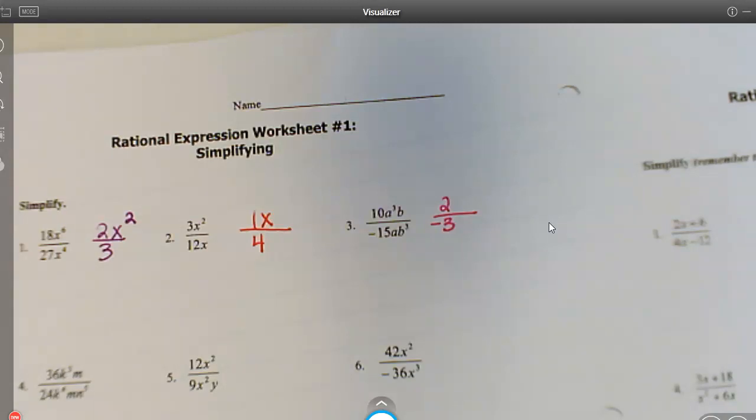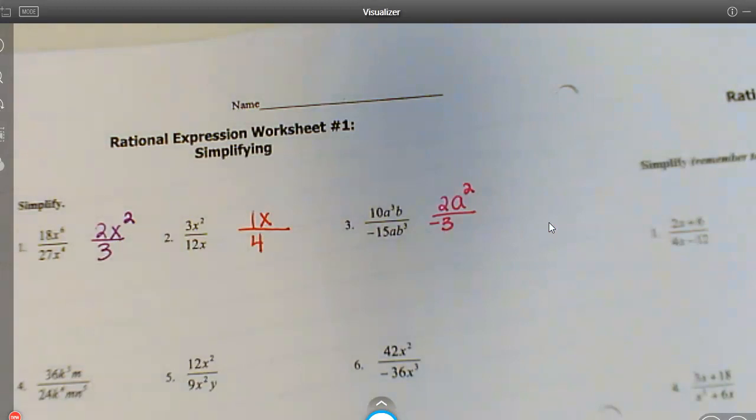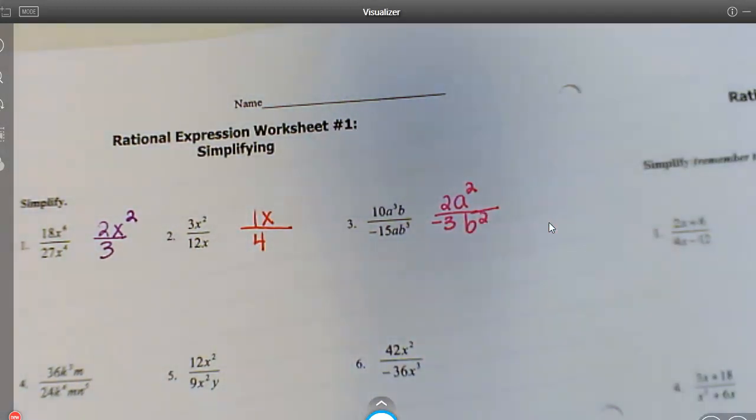I can get rid of 1 of them, so there's 2 left on the top. Alright, look at the b's. There's 1 on top, 3 on the bottom. I can get rid of 1 of them, but the 2 that are left over are on the bottom. So the b squared is on the bottom. It matters where it's left. If you just put the b squared on top, that's not going to work.